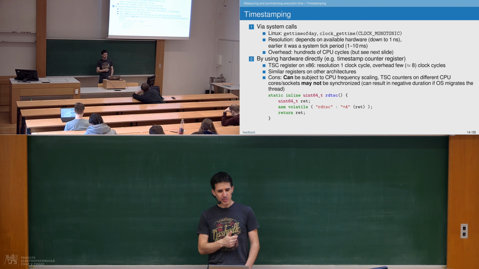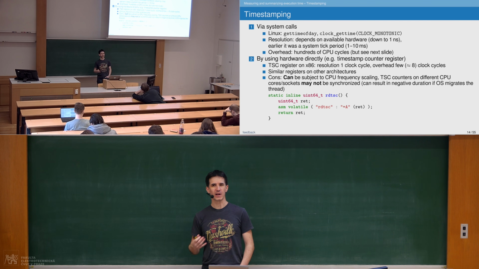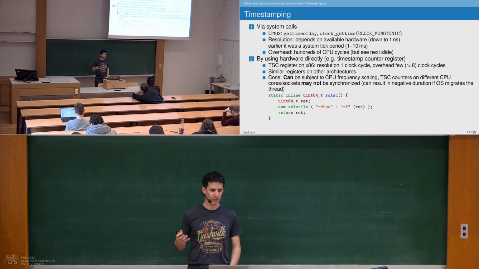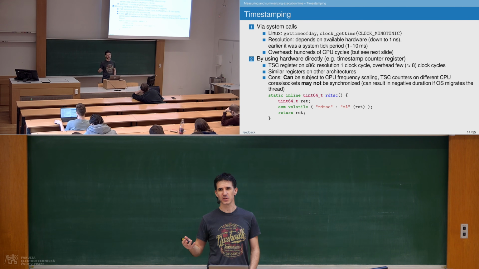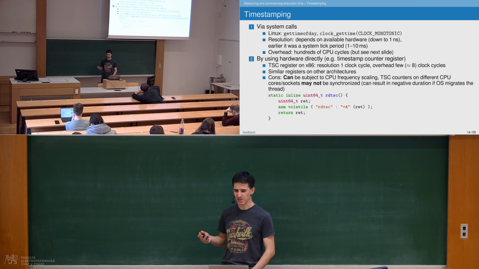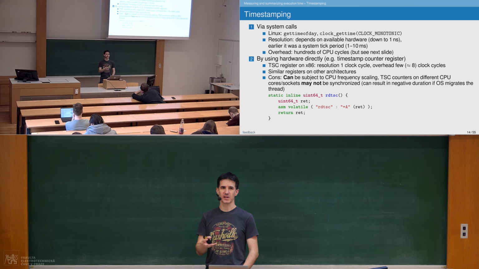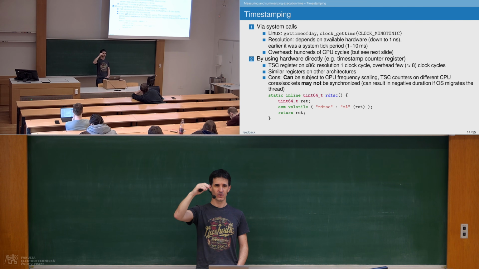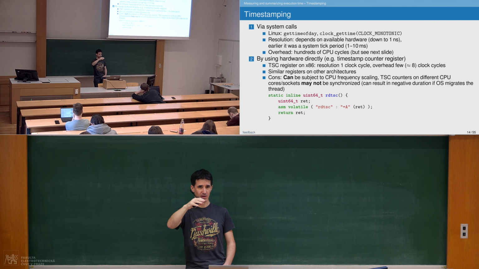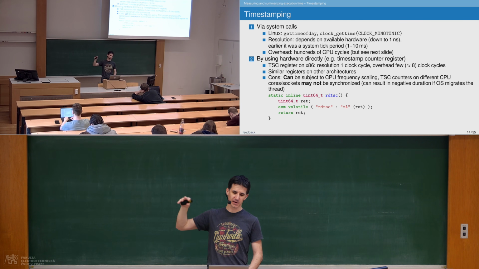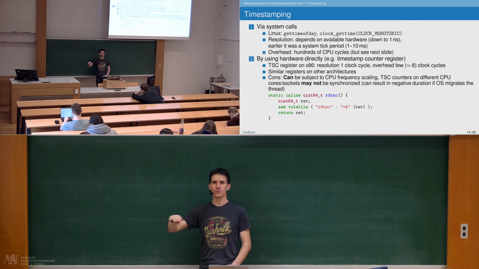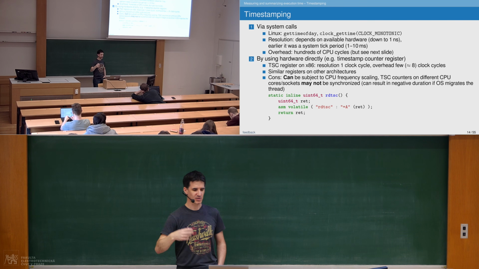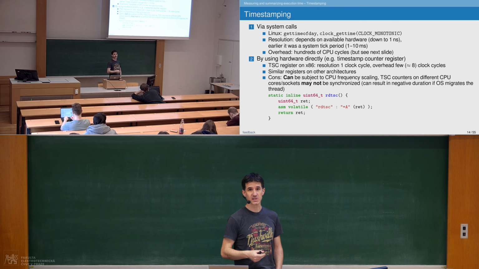Another problem might be that if you have multi-core CPUs, the timestamp counters on those different CPUs might not be synchronized. And the operating system can migrate your thread between the CPUs. So if you start your function on one CPU, take a timestamp at the beginning, then the operating system migrates your thread to another CPU, and you read the timestamp counter at the end of the function on another CPU, subtract it, you may end up with negative time.